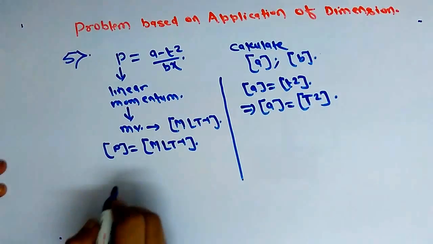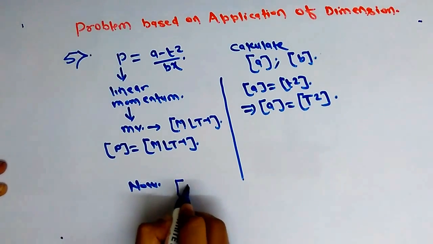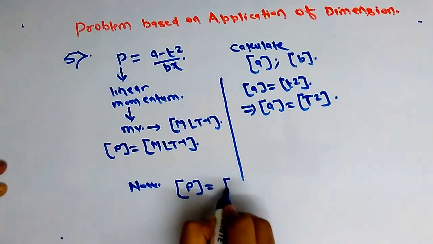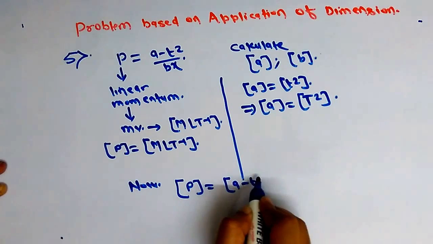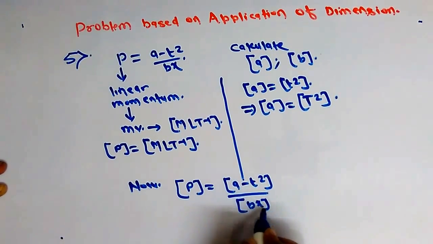Now the dimension of P is the dimension of A minus t square upon the dimension of bx.